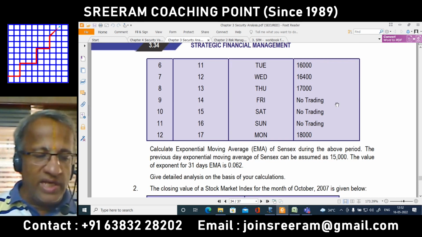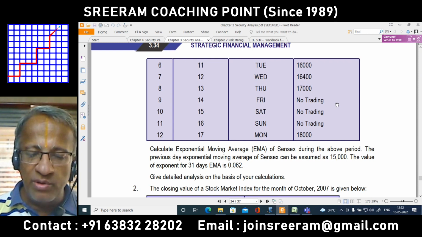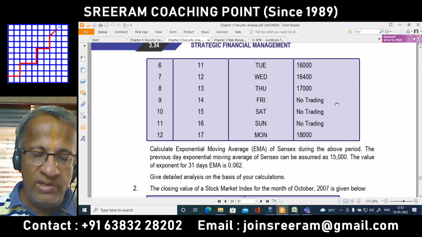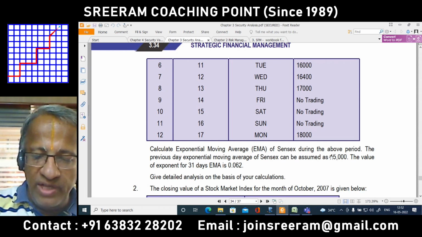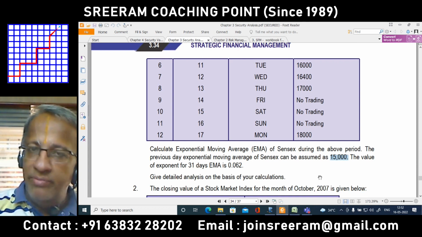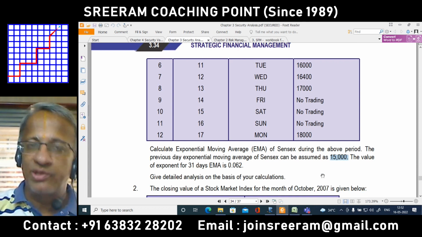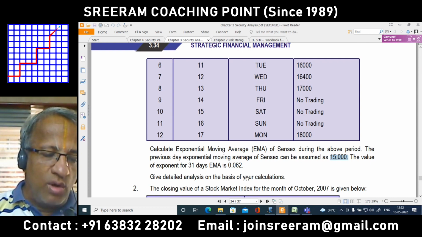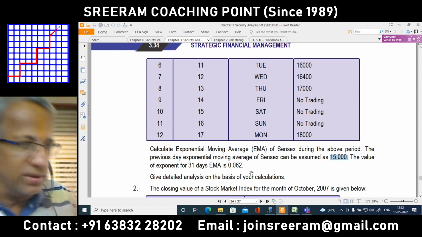Then calculate the exponential moving average of Sensex during the above period. The previous day exponential moving average of Sensex can be assumed as 15,000. The value of the exponent for 31 days exponential moving average, EMA, is 0.062, which will normally be provided in the problem. Give detailed analysis on the basis of your calculations.